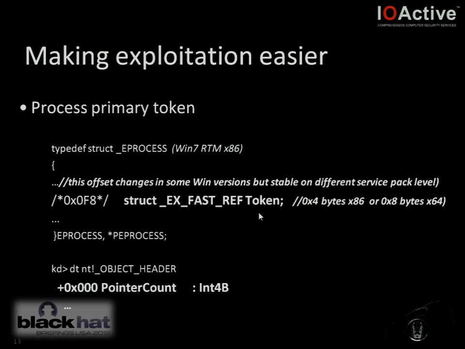Actually, it's a pointer, but it's a structure because I think the 3 least significant bits are used for fast reference counting. Given my tests, it seems that if you don't care about that when replacing a token, Windows doesn't crash. It just reads the pointer count from the object header.